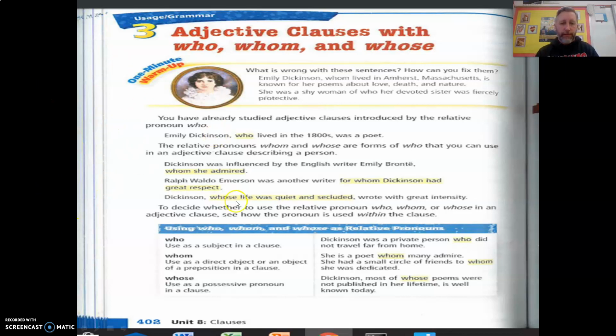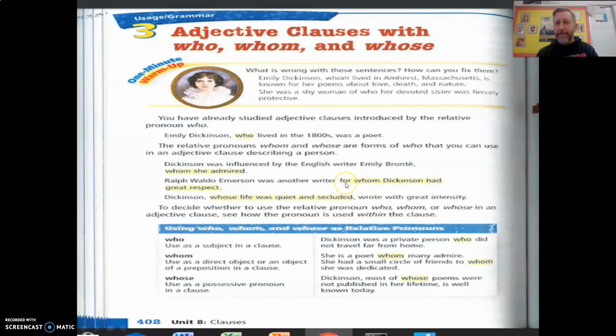All right, let's look at the next one. Ralph Waldo Emerson was another writer for whom Dickinson had great respect. All right, now they threw the for at you here, didn't they? And so, typically we would say we begin with the relative pronoun whom Dickinson had great respect, right? But remember that rule that in order for us to figure out what word or noun it modifies, we go right in front of it.